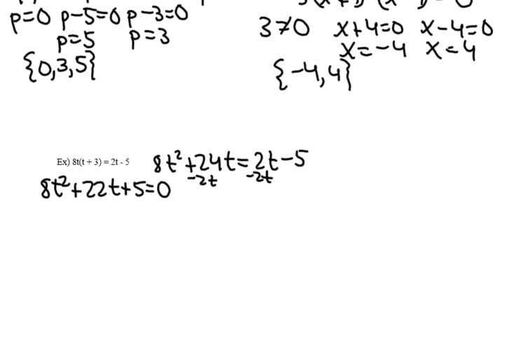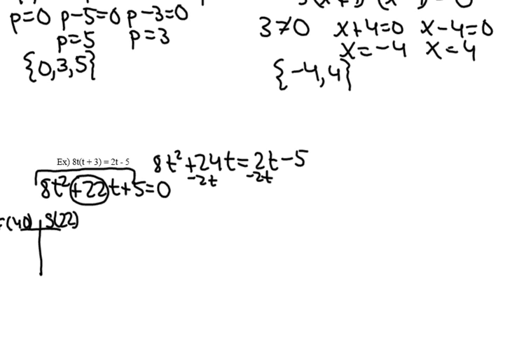Now, how I factored in the last video, I'm going to take the constant and multiply by the leading coefficient. So that's going to be factors of 40 whose sum is 22. What two numbers multiply to give me 40 and add up to be 22?